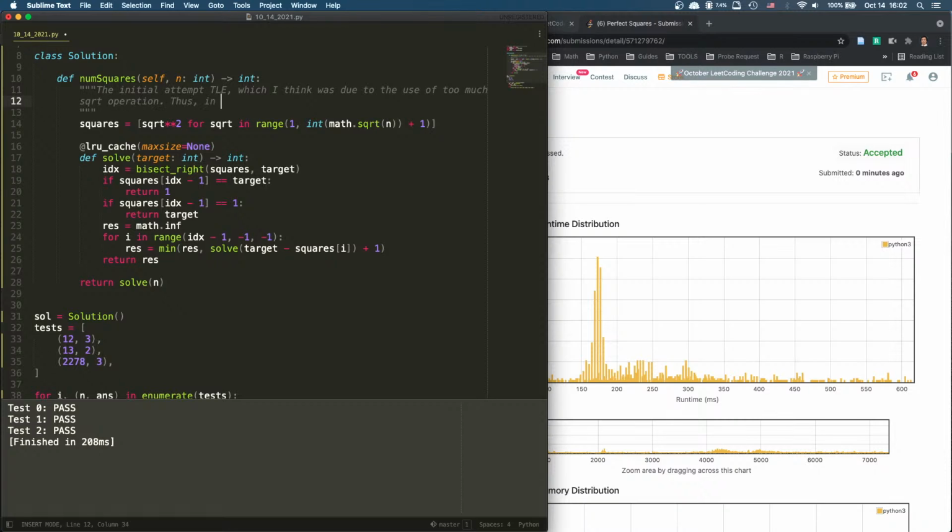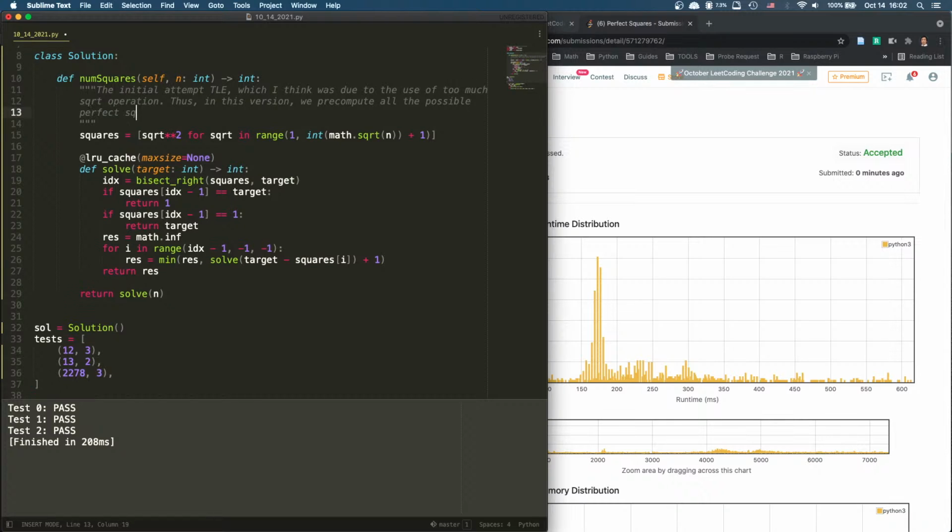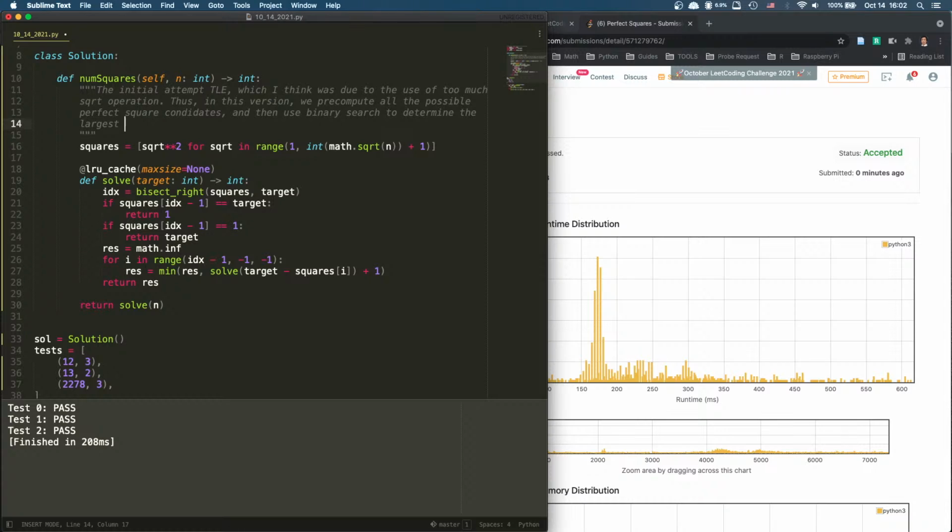Thus, in this version, we pre-compute all the possible perfect square candidates, and then use binary search to determine the largest perfect square each subsequent target can use.